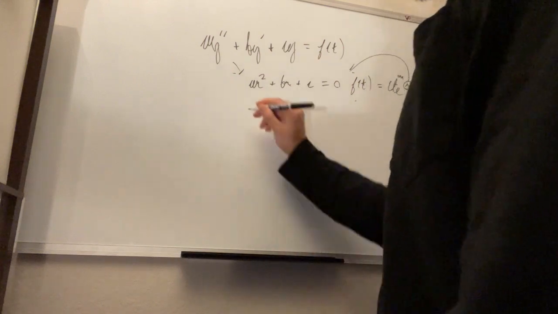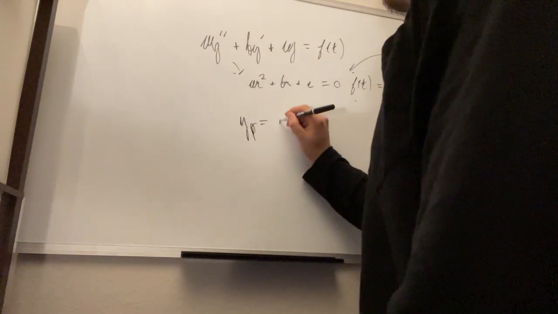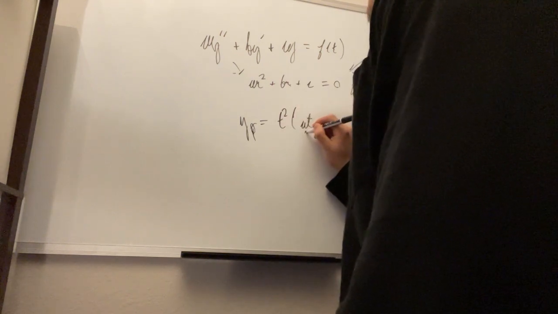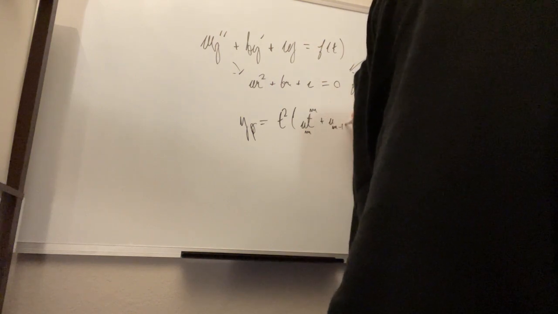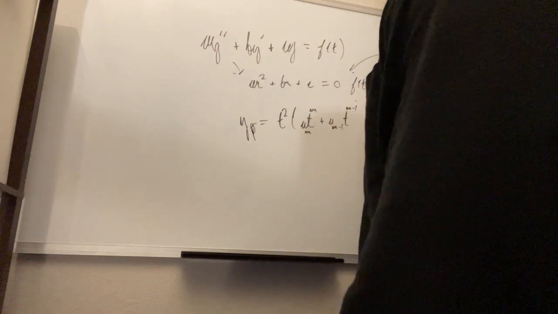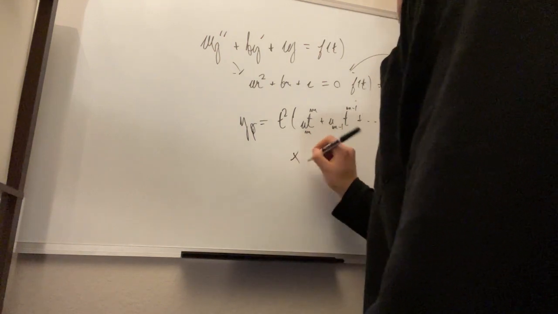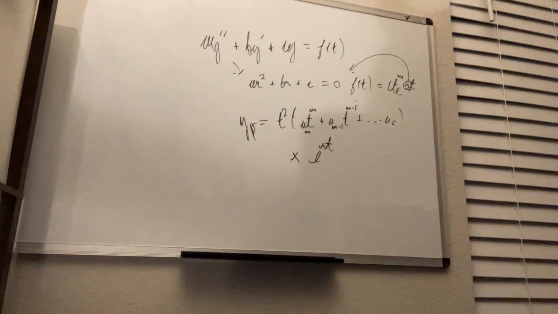So we set the particular solution to be t squared times the arbitrary polynomial a sub m times t to the power of m plus a sub m minus 1 times t to the power of m minus 1, and so on until we get a naught, times e to the rt. All right?